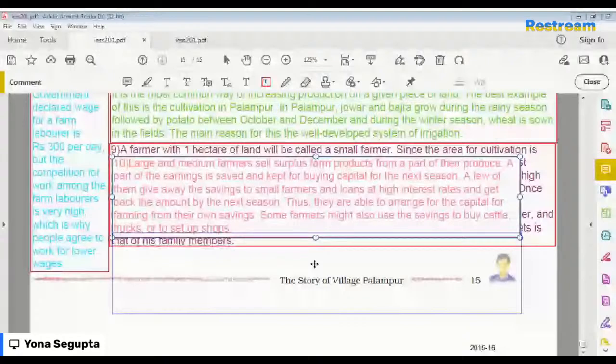This is number 11. Please see the answer that I am writing here.